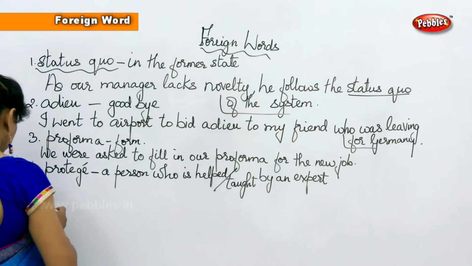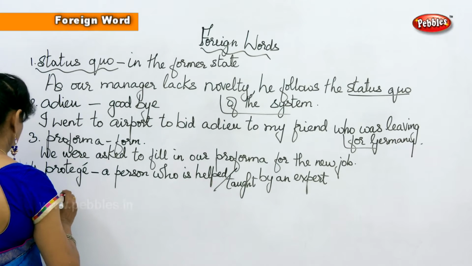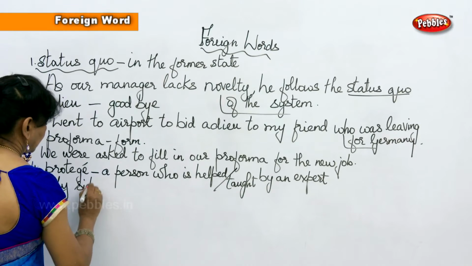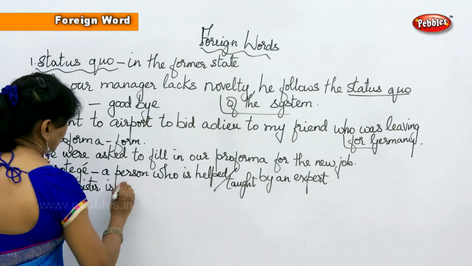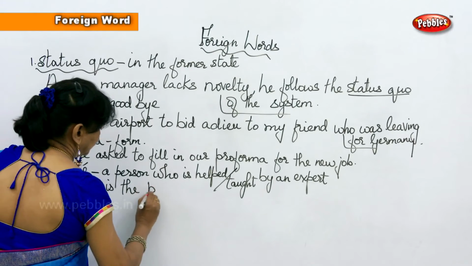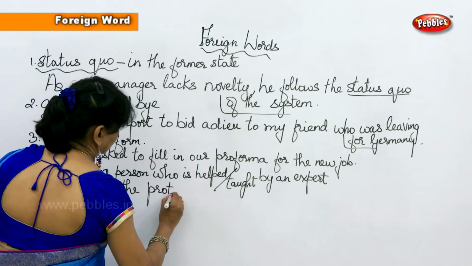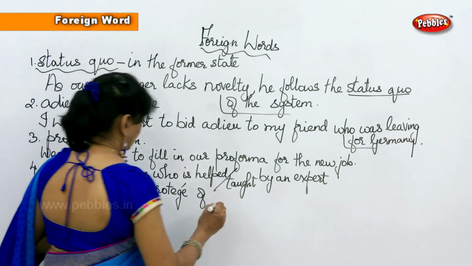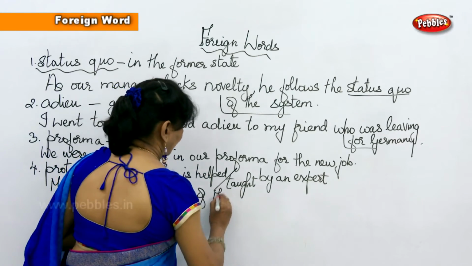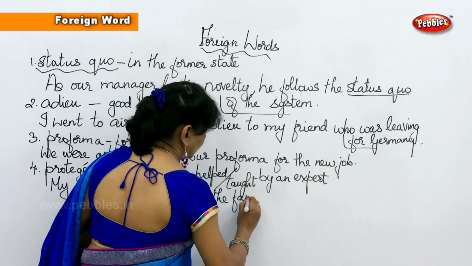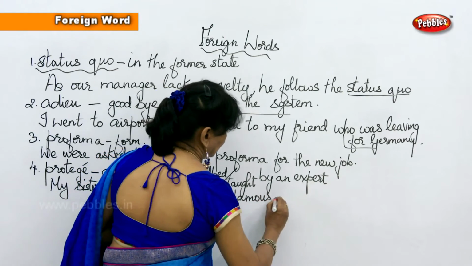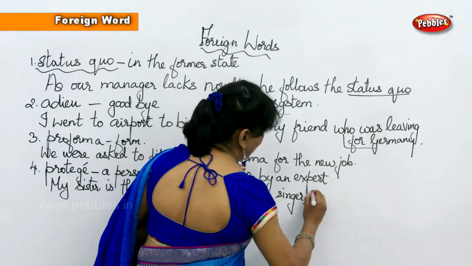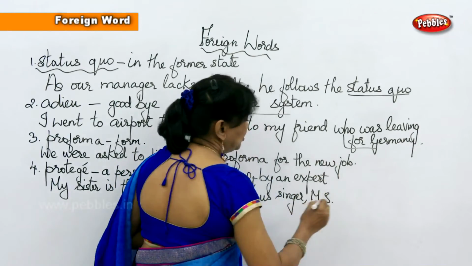So let's write a sentence. My sister is the protégé of the famous singer M.S. Subbulakshmi.